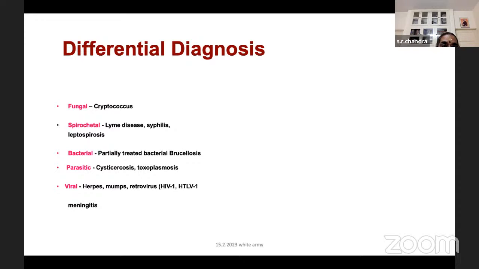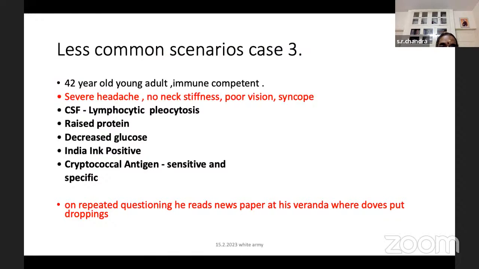So when there is a chronic meningitis, the differential diagnosis is fungal, spirochetal, partially treated bacterial. Brucella resembles tuberculous meningitis. So is it brucella, parasitic infections, and viral infections which can have a subacute course. So that is tuberculous meningitis.